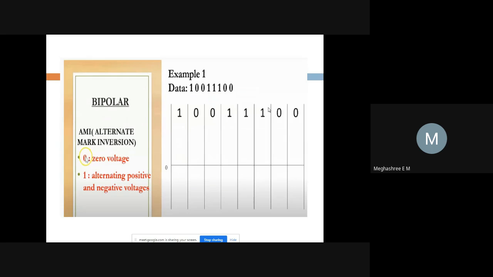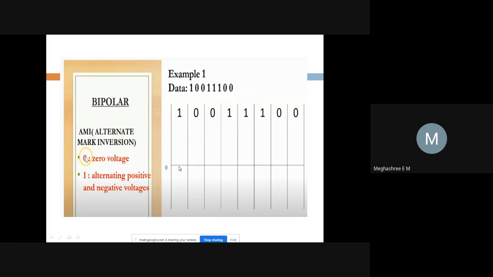Let's start with AMI, that is alternate mark inversion. This is an easy method. Again, this is used to convert the given digital data to a digital signal. So what are the rules to be followed while converting digital data to a digital signal based on AMI? The first thing is, if the given data bit is 0, then it represents 0 voltage.